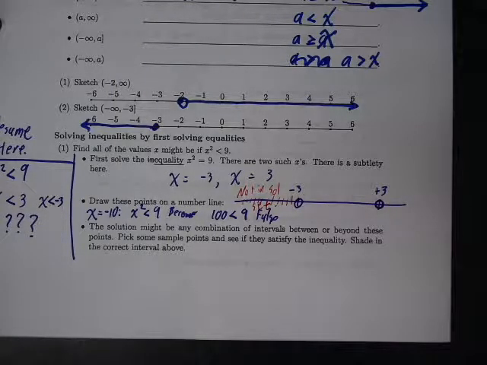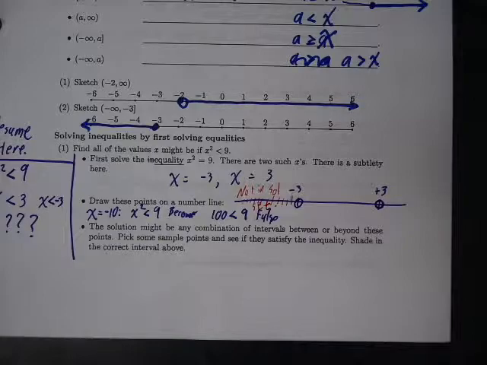So that means the solution set could consist of the interval between -3 and 3, and could consist of the interval from 3 to infinity. We can determine that by just picking some sample points. What's a number between -3 and 3? 2, 0. Great. Plug it into the inequality. Is the inequality true or false? True.